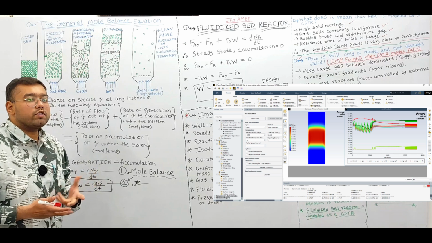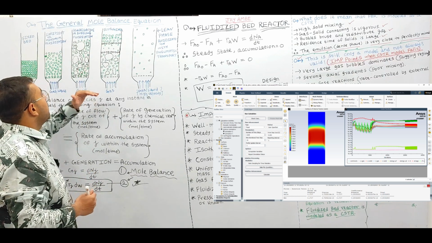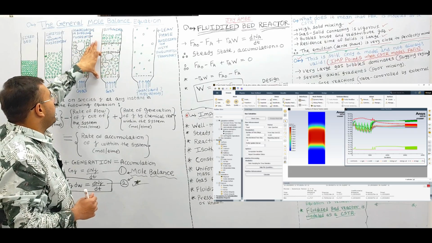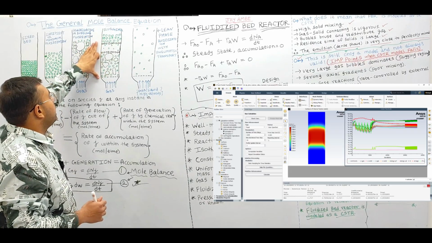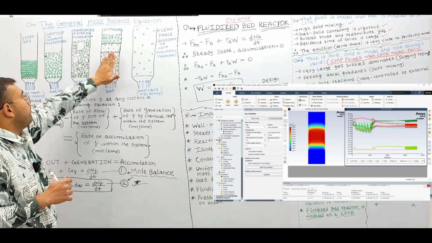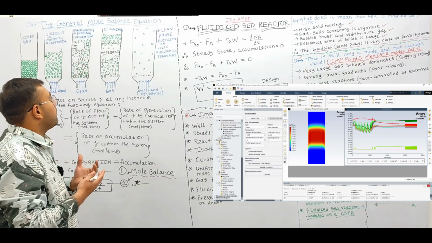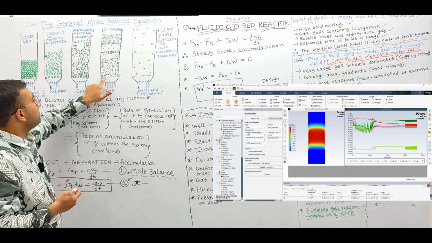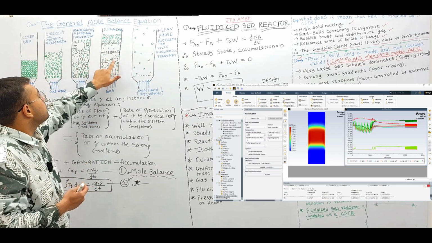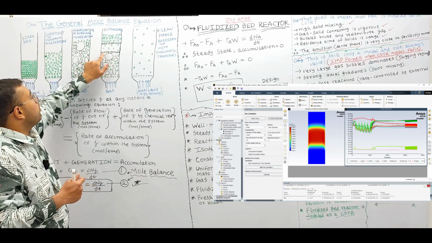So slugging means that due to the greater length and height and the narrower diameter of the fluidized bed reactor, the smaller bubbles will get converted into larger bubbles.